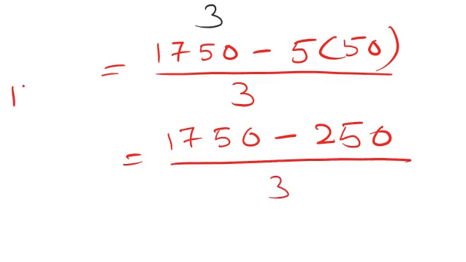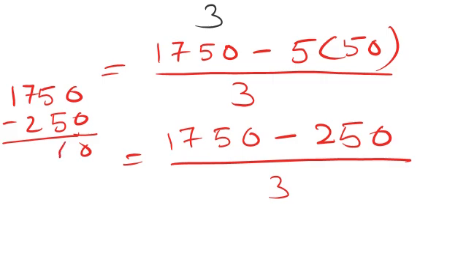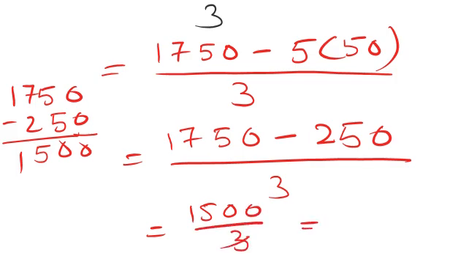See, 1750 minus 250: 0 minus 0 is 0, 5 minus 5 is 0, 7 minus 2 is 5, 1 minus nothing is 1. So our answer is 1500 divided by 3. 5 threes are 15, and 500 threes are 1500. So what is the value of x? 500 rupees.